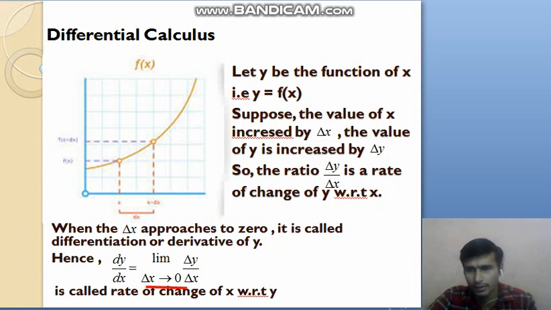So when we take delta x very small, approaching 0, it is written as limit delta x tends to 0 of delta y by delta x, and it is called dy by dx, that is, the rate of change of y with respect to x, right?